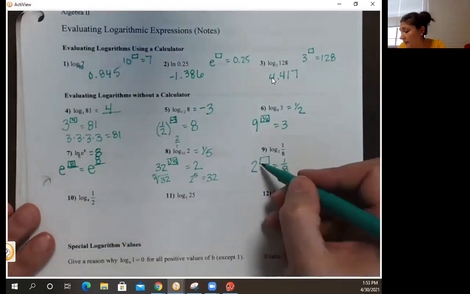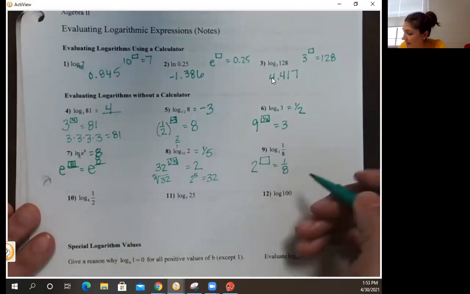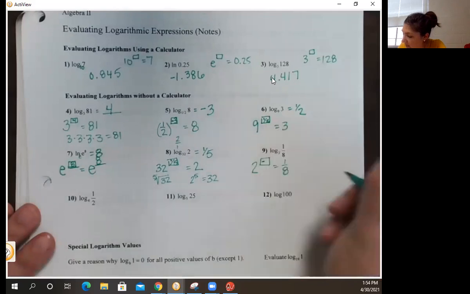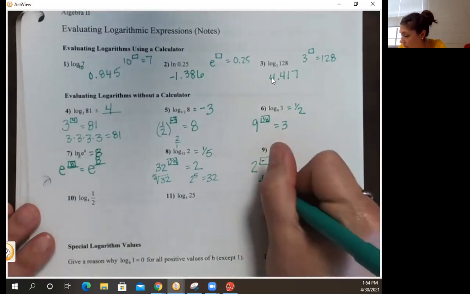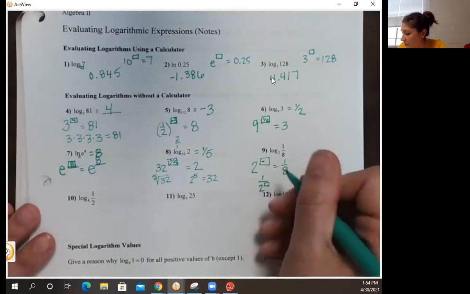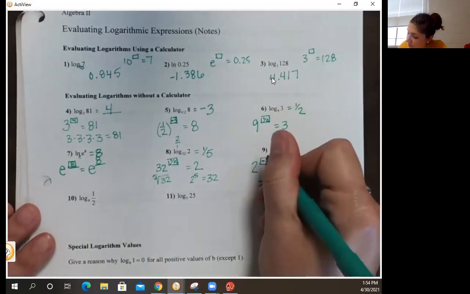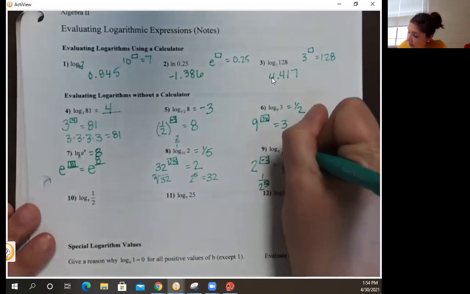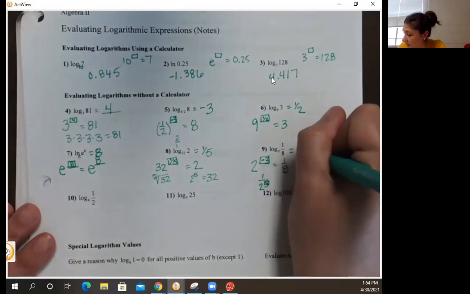If I'm starting with a whole number and I'm ending with a fraction, 1 over something, that means I need to flip this. So I need a negative exponent. The negative will flip this to 1 over 2 to the something. And then I need this to be 2 cubed so that I can get 8. So my exponent here had to be -3. So log base 2 of 1/8 gives me -3.